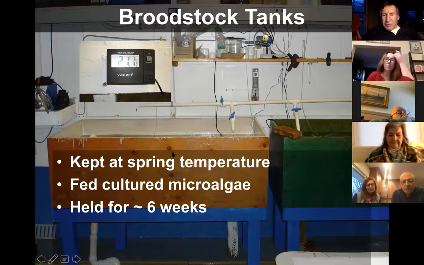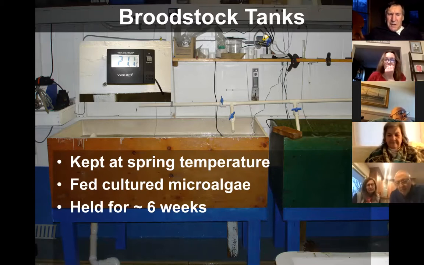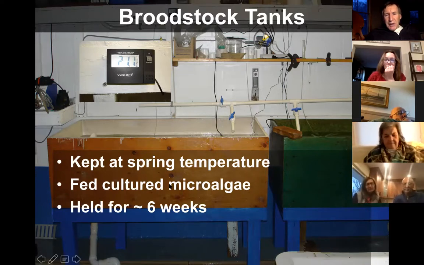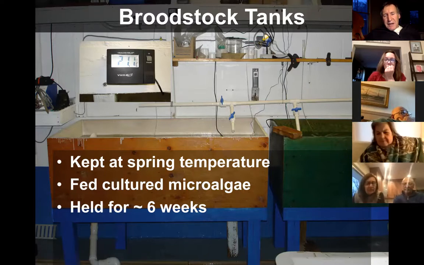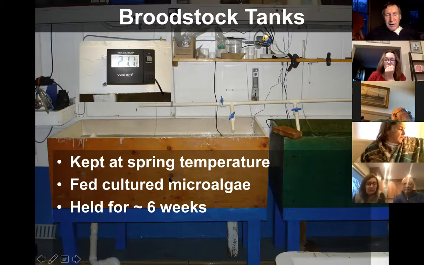And what they do, they're very simple creatures. They're very good at what they do. And one thing that they do very well is modulate the kind of growth that they put on based on temperature. So at spring temperature, they're putting on gonadal growth.